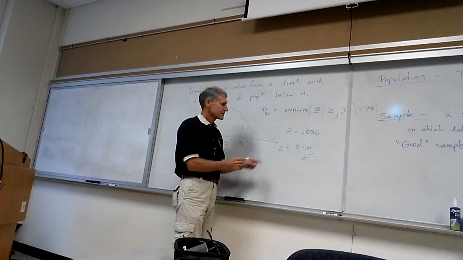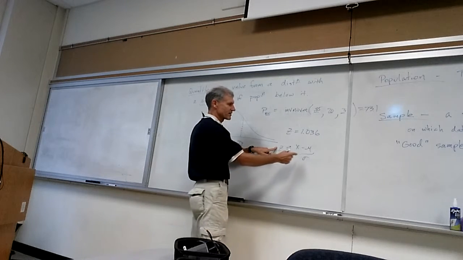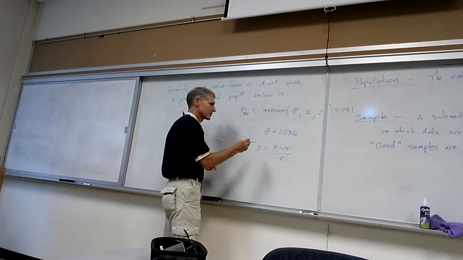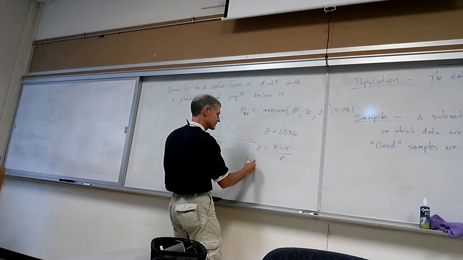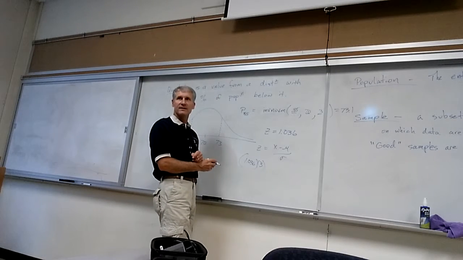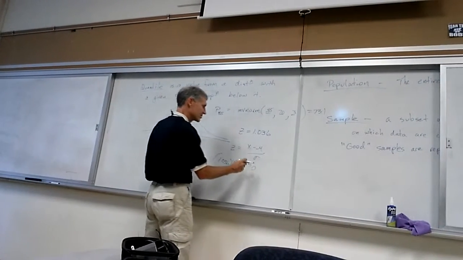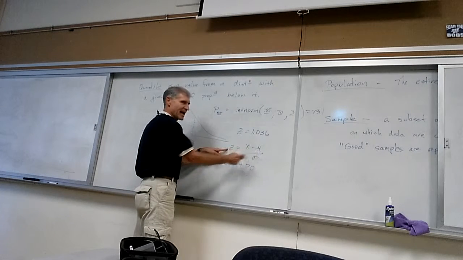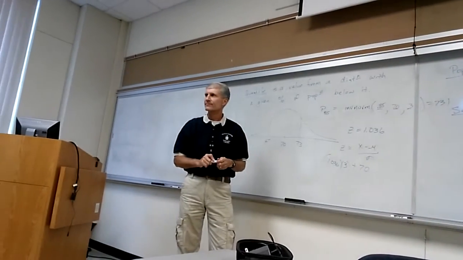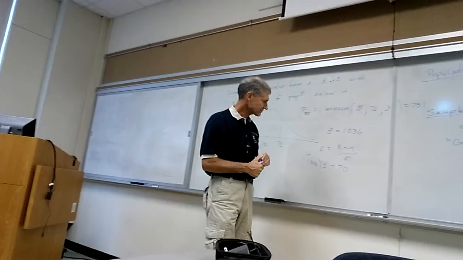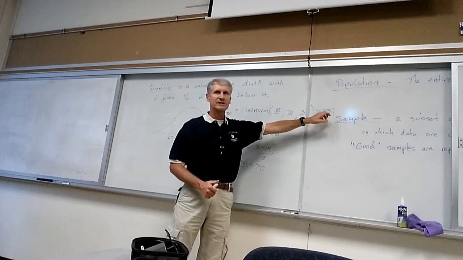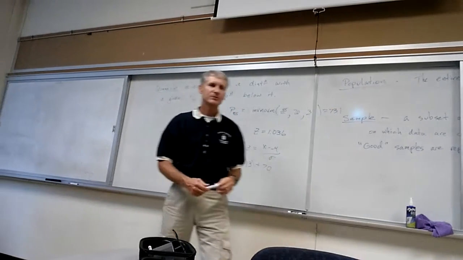Right? So we have a z, we have a mu, we have a sigma. You're just going to algebraically solve for x. So you're going to multiply 1.036 by 3, and then you're going to add 70. I'm just multiplying through by sigma and then adding mu to both sides to solve for x, and you get that. Okay? Now this won't be 73.1 exactly. There's some round off error there, but it should be close.